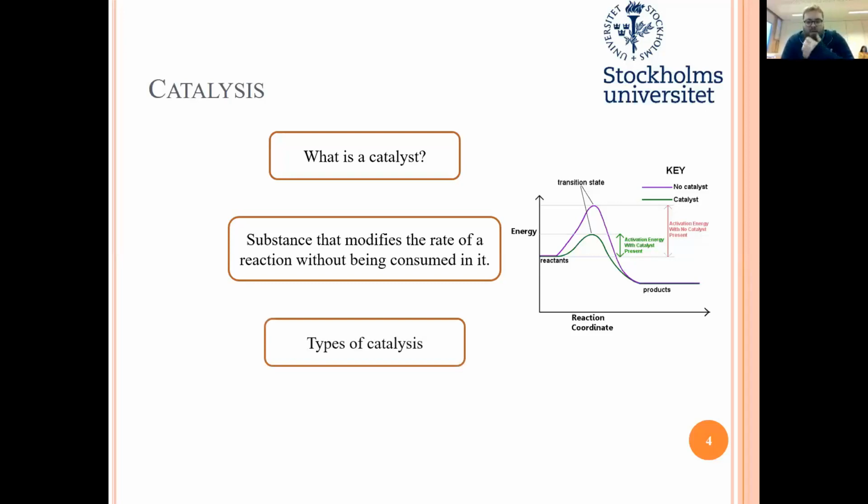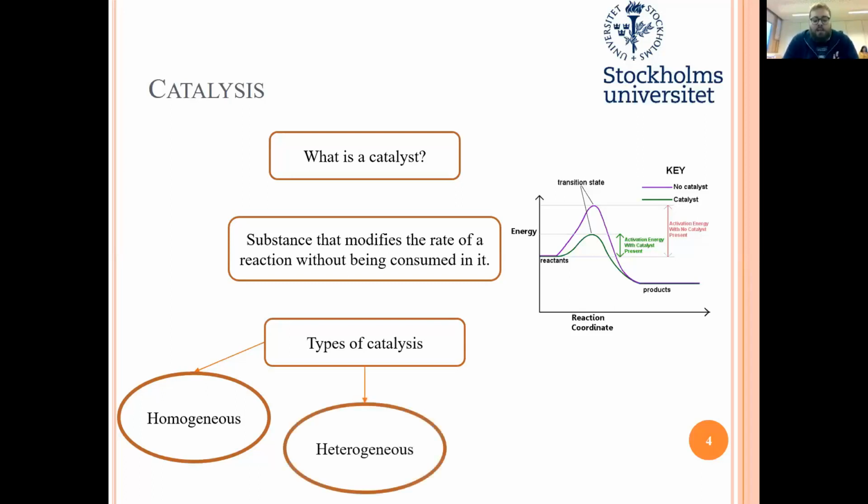So with this in mind, we can categorize catalysis in three main groups. There's homogeneous catalysis, in which the reactants and the catalyst are all in the same phase. This could be gas-gas, which is less usual. The most usual one is liquid-liquid or solid-solid. Then there's also heterogeneous catalysis, in which the reactants and the catalyst are in separate phases.